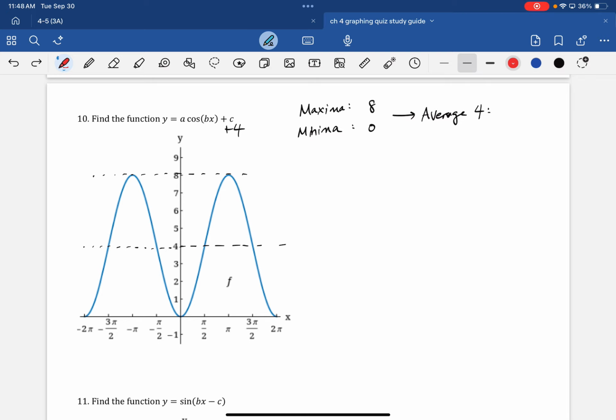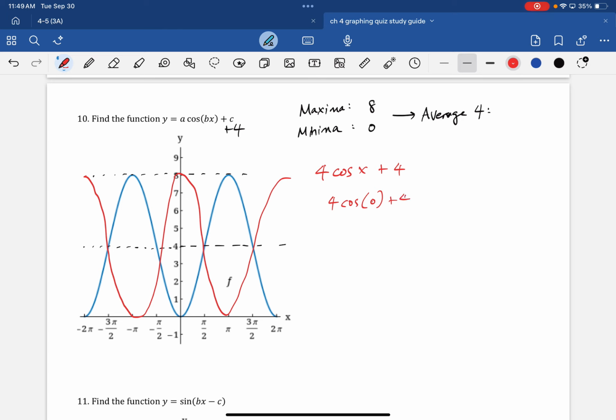The reason is because 4 cosine of x plus 4 would actually look like this. It would actually look like this, okay, in the red. And the reason is because cosine of 0 is 1, right? And so 4 times cosine of 0 would actually give 8.